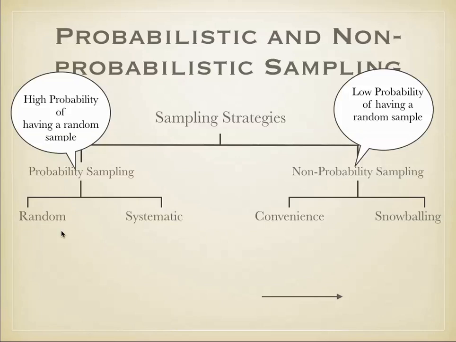In non-probabilistic sampling, you understand from the get-go that your sample might be somewhat skewed or somewhat narrow, but you can do that if you identify that ahead of time, and then you know that individuals are looking at a particular kind of subset of a group.